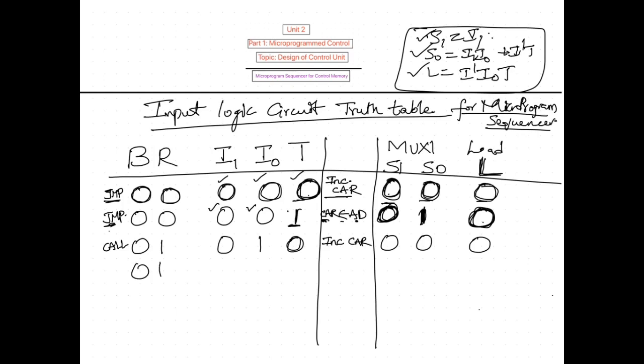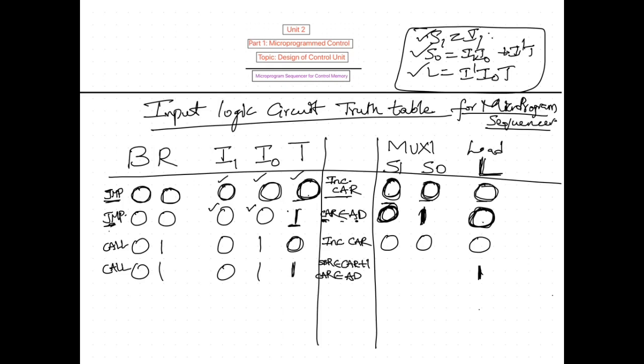Now the same 01 call, copy 01 here. Now the condition is 1. What happens? You increment CAR plus 1 and move it to the SBR register, which means the SBR register must be ready to receive the value, that is, when the load value is 1. That's why you keep the load value as 1. And AD is moved to the CAR.